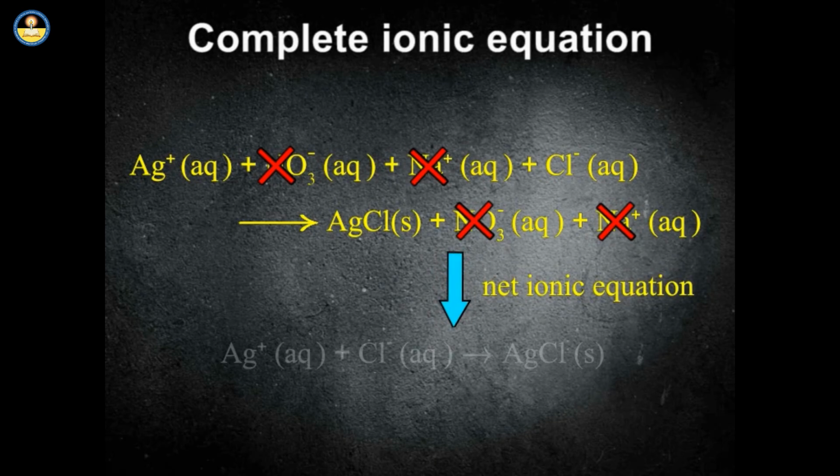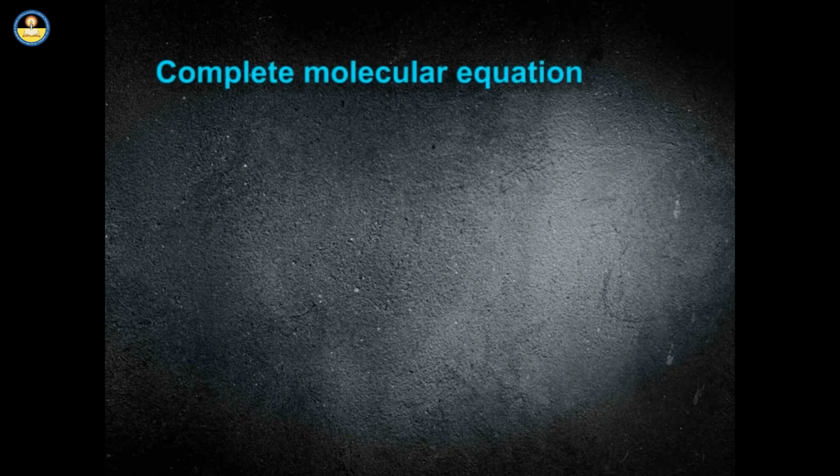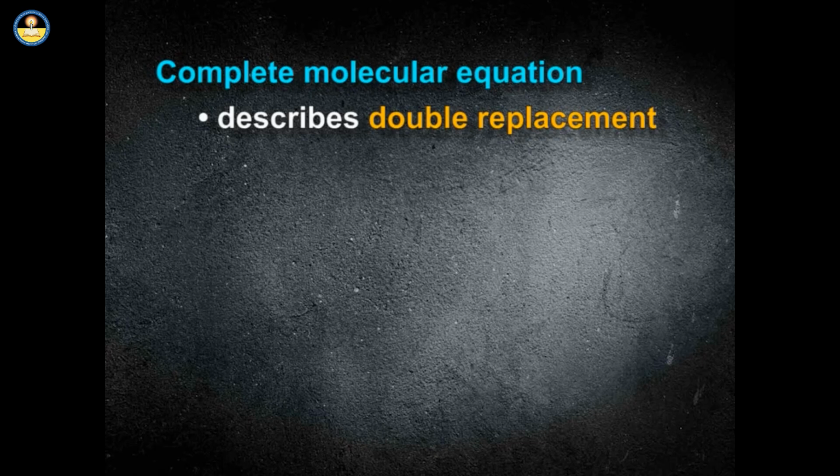The net ionic equation is constructed from the complete ionic equation. Crossing over the spectator ions, we get silver ions in aqueous state plus chloride ions in aqueous state gives solid silver chloride. Let us revise. Complete molecular equation describes double replacement reaction.